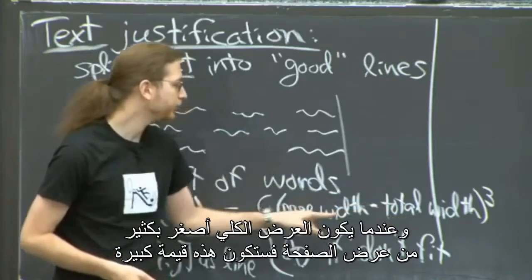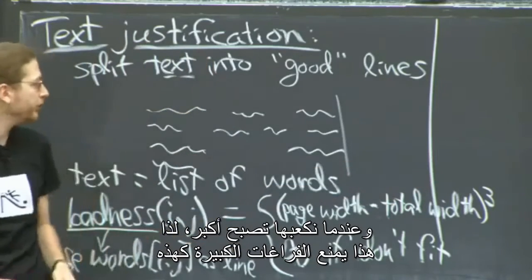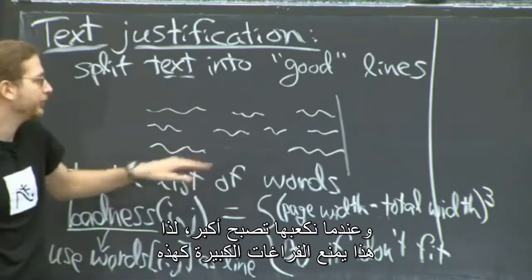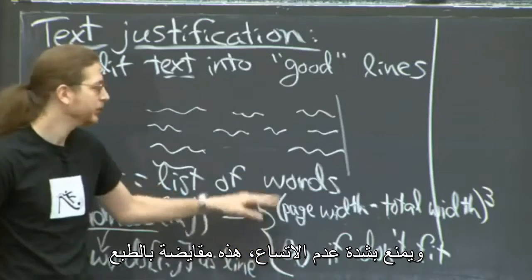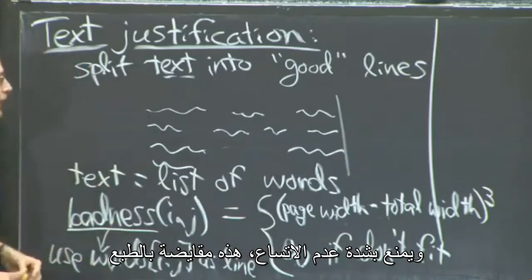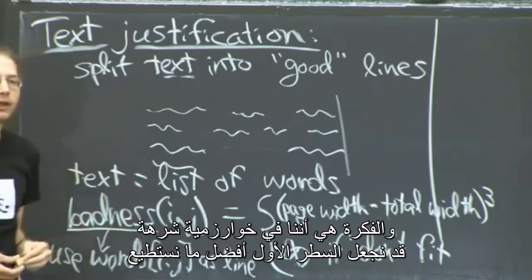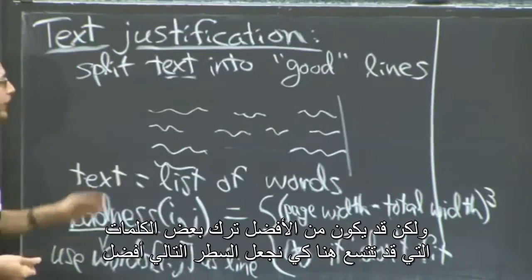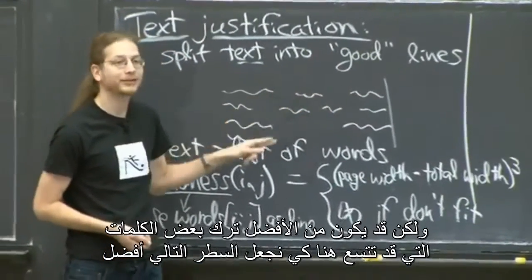When the total width is much smaller than the page width, this will be a large value. You cube it, it will be even larger. So this will highly discourage big gaps like this, and it will very much discourage not fitting. So there's a trade-off, of course. In the greedy algorithm, you make the first line as good as you can. But it might actually be better to leave out some of the words that would fit here in order to make the next line better.